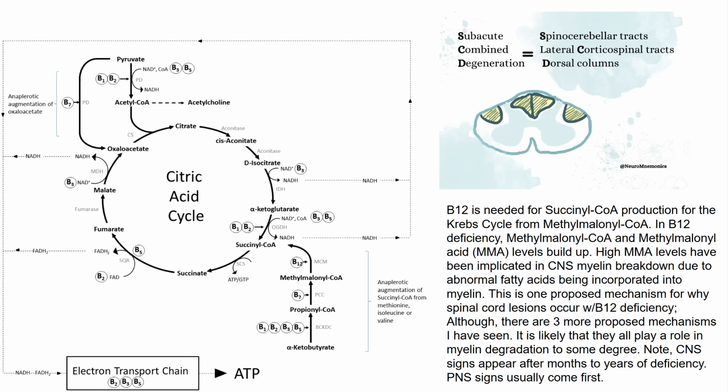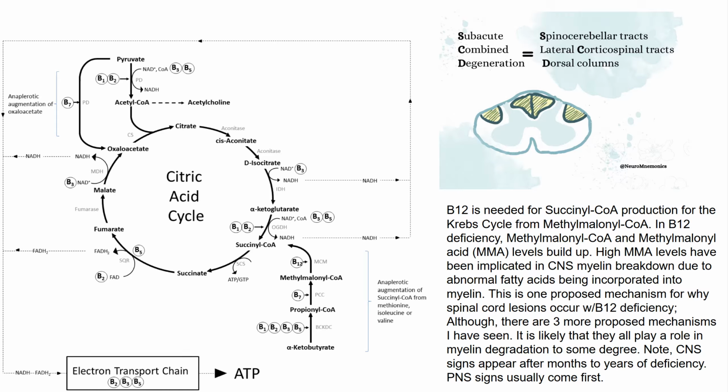However, this is just one of about 4 proposed mechanisms I've seen for why B12 deficiency impacts the CNS to a greater degree than folate deficiency. It's likely that multiple, if not all, of those mechanisms play some role in the myelin degeneration seen in B12 deficiency. Up at the top right of the slide is a mnemonic that allegedly someone used for remembering the tracks involved in subacute combined degeneration.